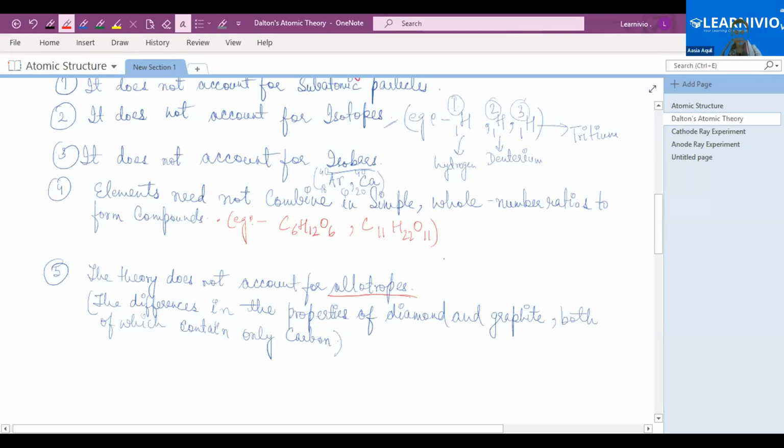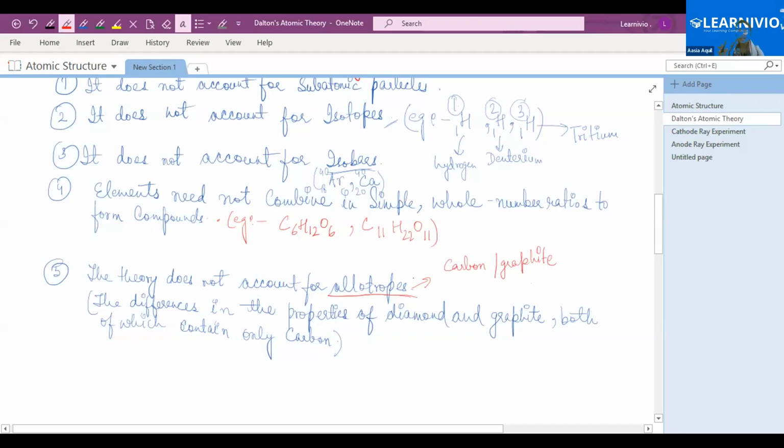See, for example, carbon and graphite. These are allotropes of carbon, right? Means they are made of the same element. Carbon is present in both, but they have different chemical and physical properties. So that's allotropes.